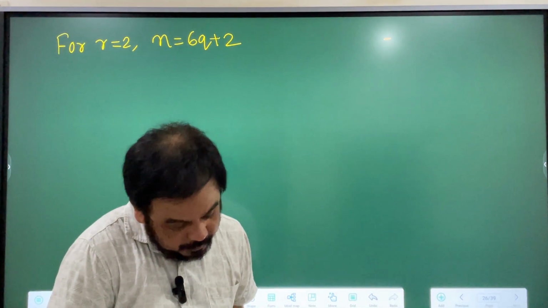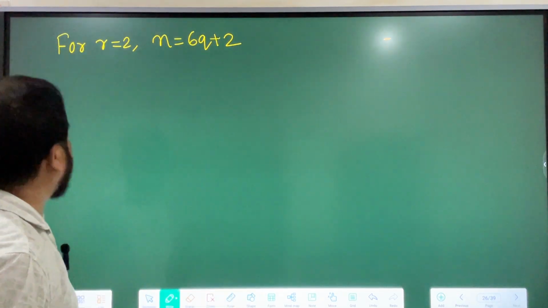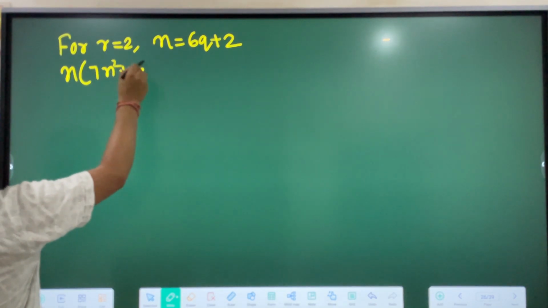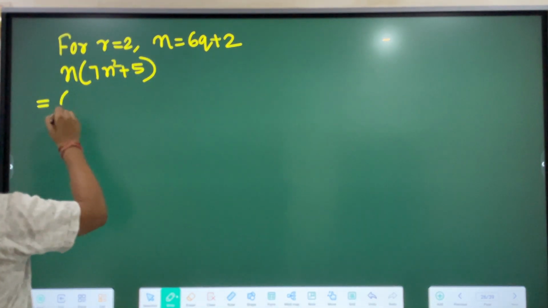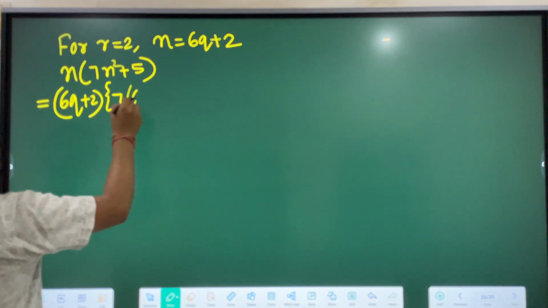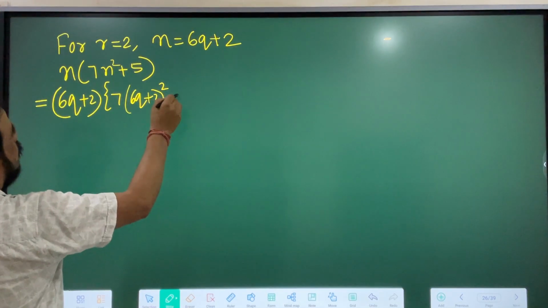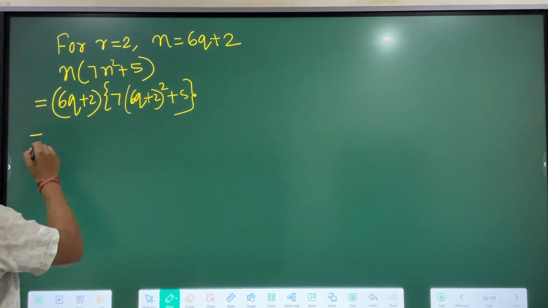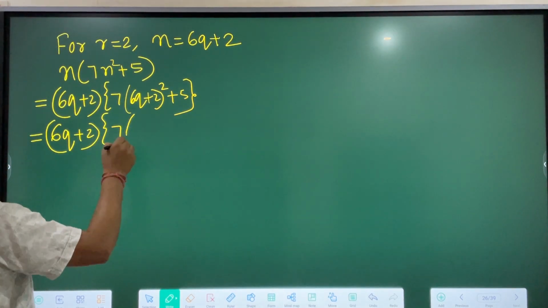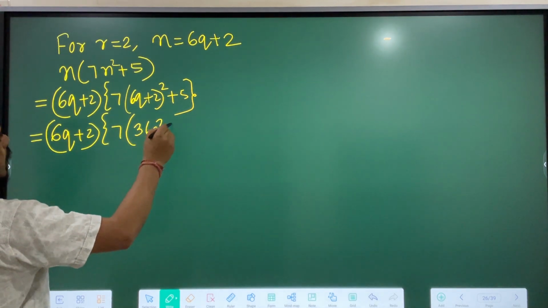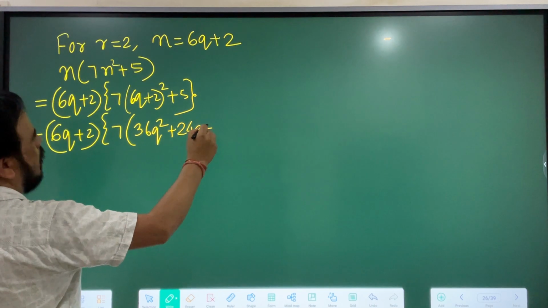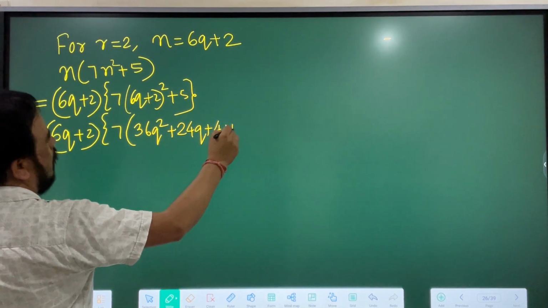What is the term? n into 7n square plus 5. Just to put the value, 6q plus 2. 7 into (6q plus 2) whole square plus 5. 6q plus 2. 7 into 36q square, 2 into 2 is 4, 4 6s are 24q, plus 2 square is 4, plus 5.